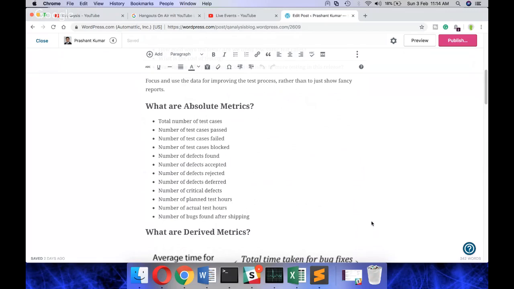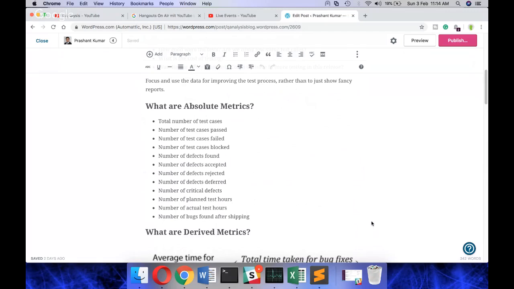So there are so many things depending on which a defect is rejected or accepted or deferred. So number of defects accepted, defects rejected, and defects deferred, number of critical defects, number of planned test hours.